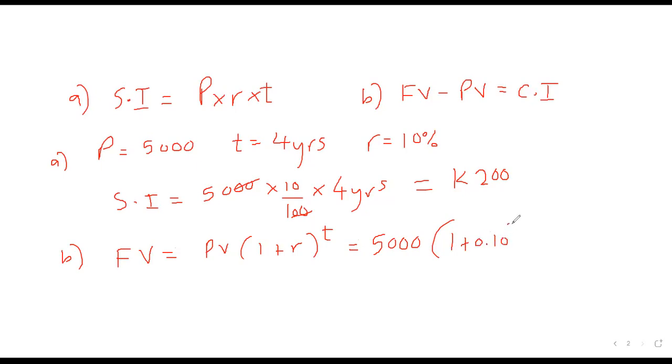The power time, which is 4 years. So this will give us 5,000, open brackets, 1.10 to the power 4.